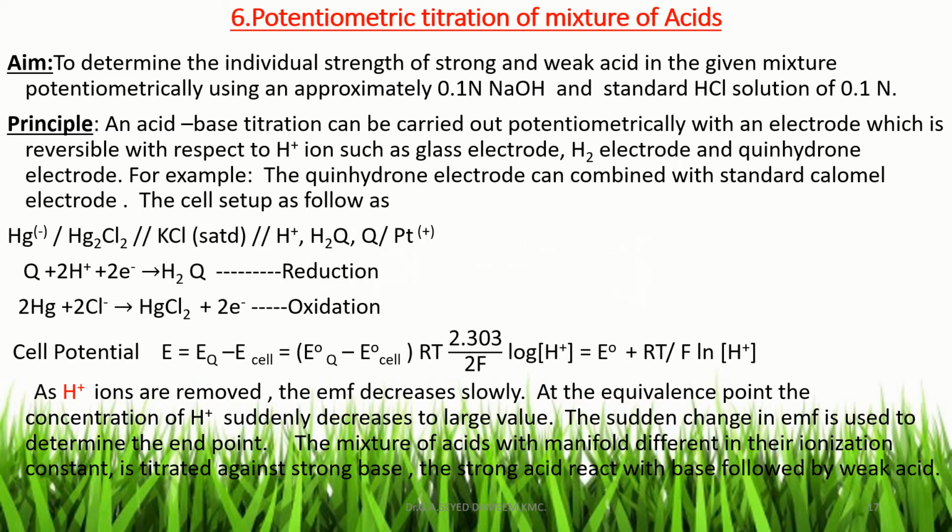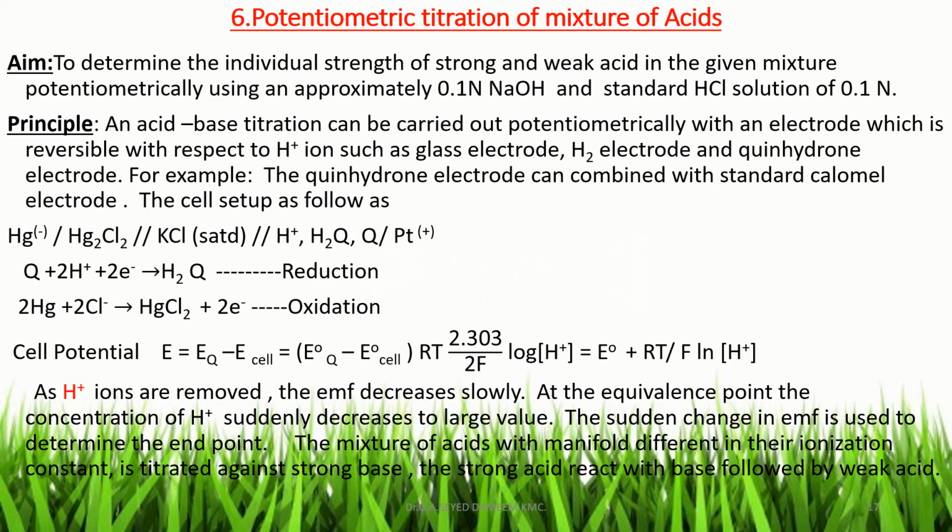This setup is called the quinhydron electrode. It can combine with the standard calomel electrode, and the cell setup is shown in the slide, and the cell potential equation is also given. On adding sodium hydroxide from the burette to the acid solution, the H plus ions are removed and the EMF decreases slowly.